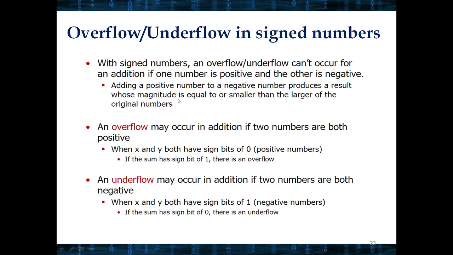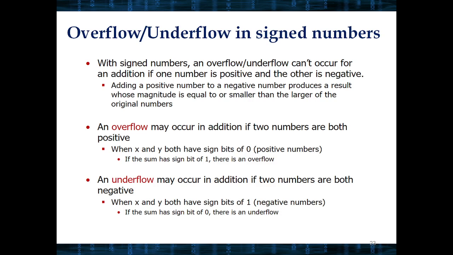So we know when we add one positive and one negative number, the result will be a smaller number. An overflow may occur in addition if two numbers are both positive. So obviously the result also will be a bigger number compared to these two operands.